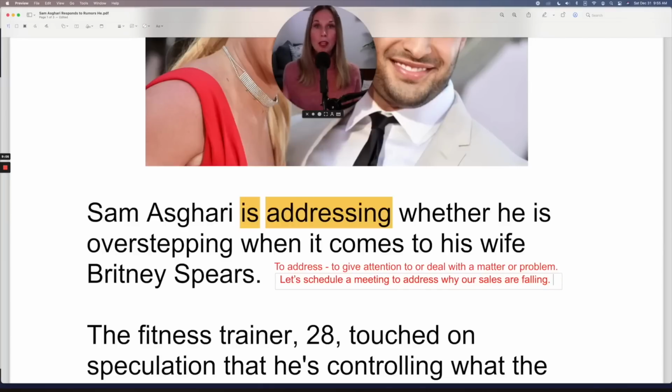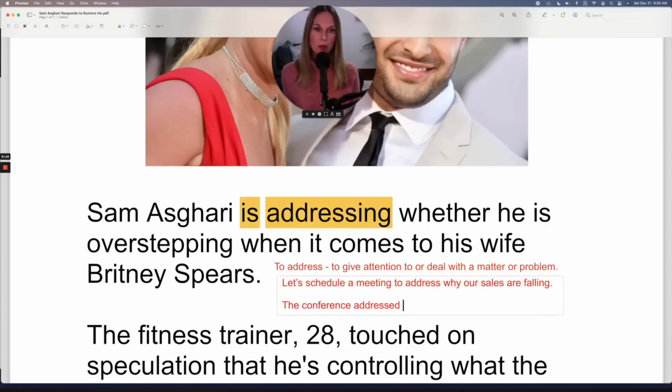Or perhaps you're giving a summary of a meeting or a conference you attended, and you could say, the conference addressed marketing trends for 2023. So in this case, it isn't necessarily a problem. They're just talking about the overall subject that the conference was giving attention to.